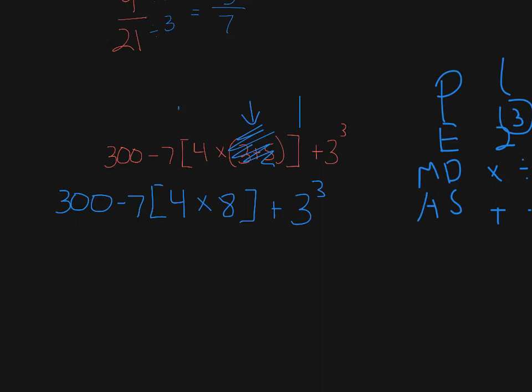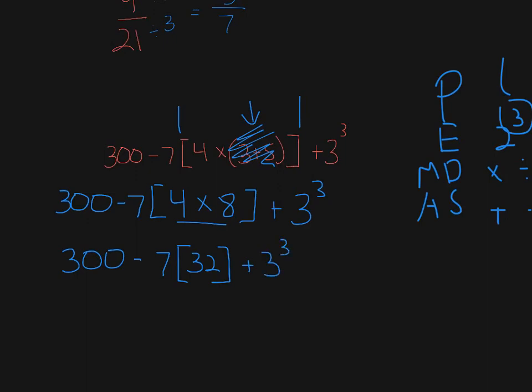These brackets right here are kind of like parentheses, so we have to do them as well. And we know that 4 times 8 is 32. So let's rewrite everything. 300 minus 7 brackets 32 brackets plus 3 to the third power.